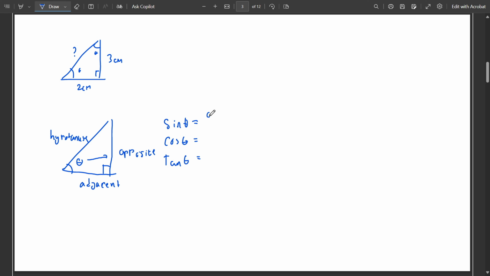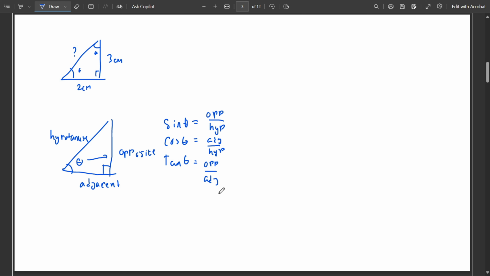Our cosine theta is our adjacent over hypotenuse. And our tangent is our opposite over our adjacent.